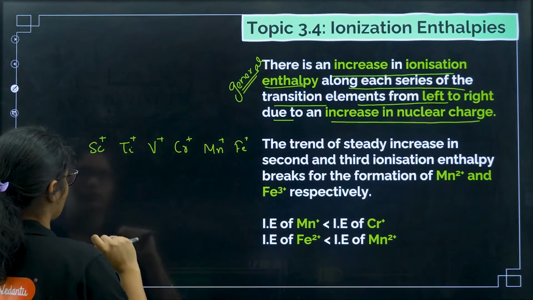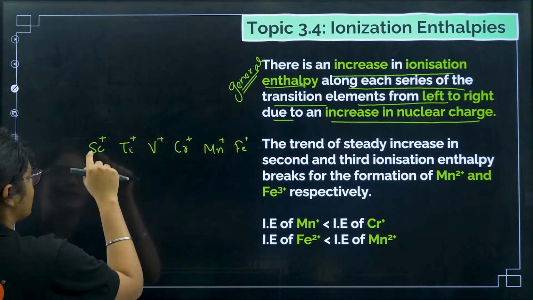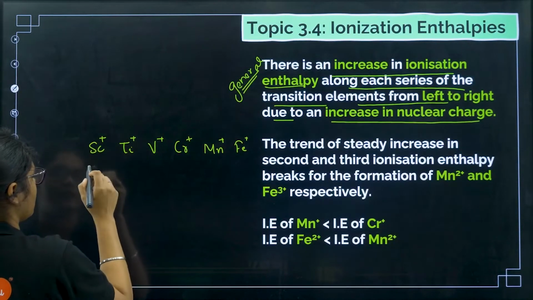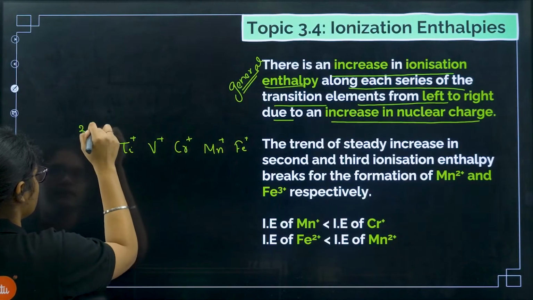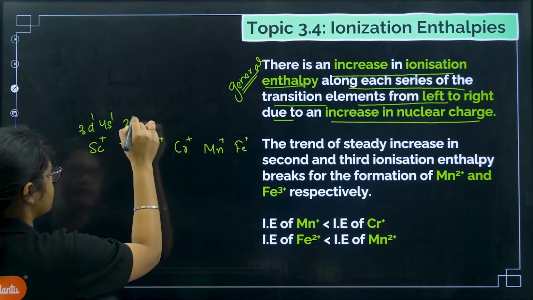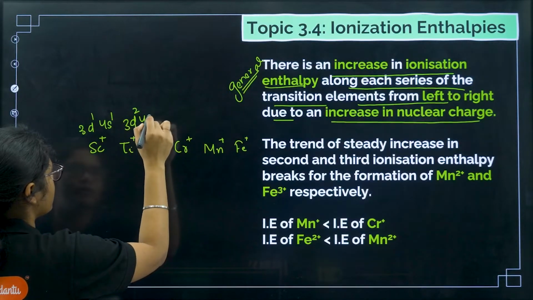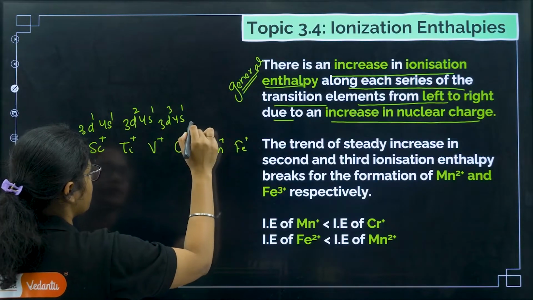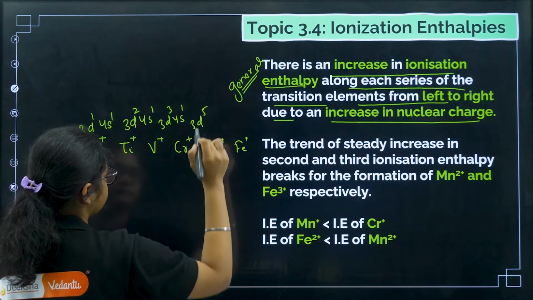Now if you see the electronic configuration, scandium is 3d1 4s2. So here I have 3d1 4s1, I removed only one electron. Here it is 3d2 4s1. Here it is 3d3 4s1. Here it is 3d5.